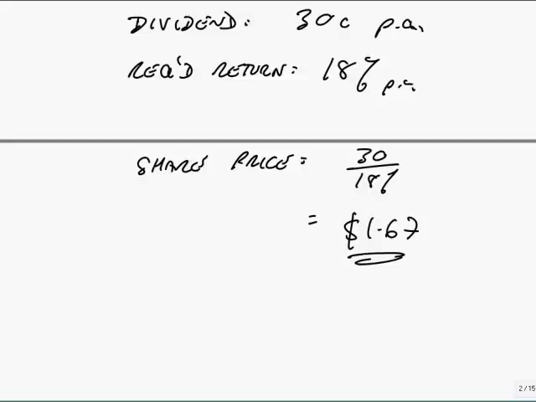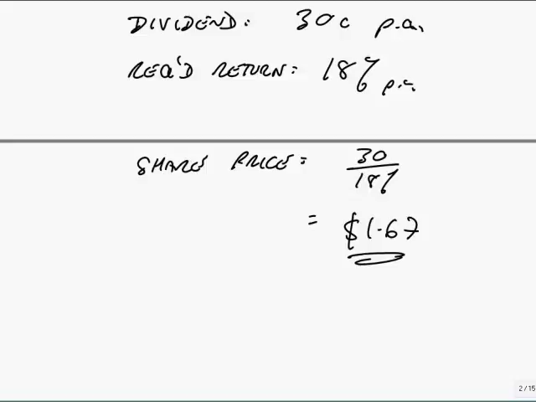All right. One little thing which is very rarely relevant but just could be is what we're effectively saying there. Think about it. If you pay 1.67 for that share, you'll be getting back dividend, in a sense, interest of 30 cents a year.